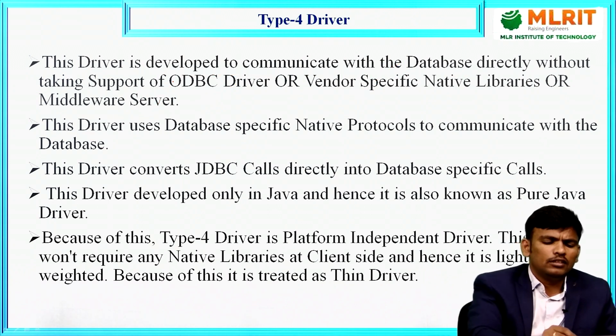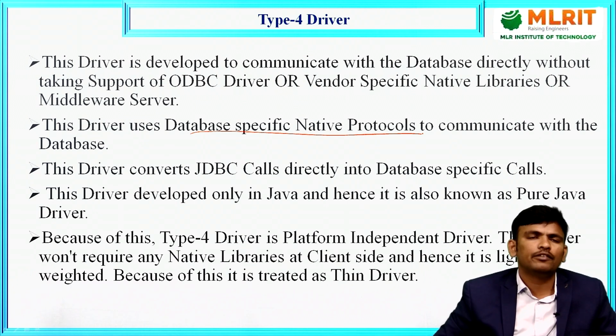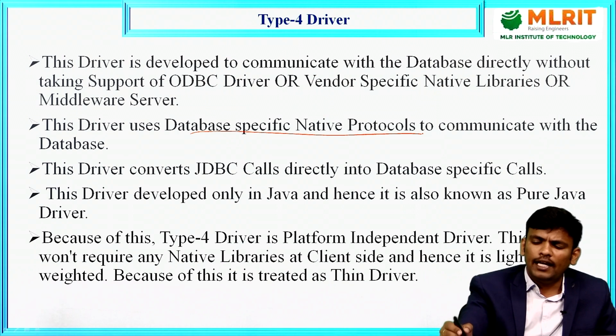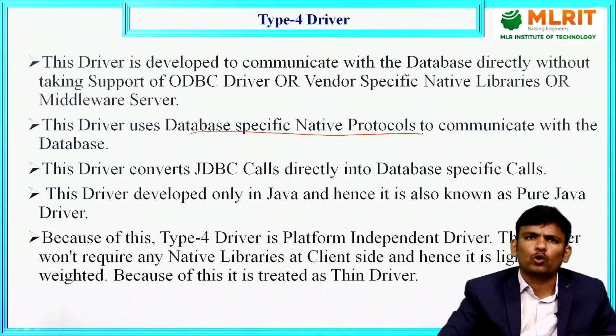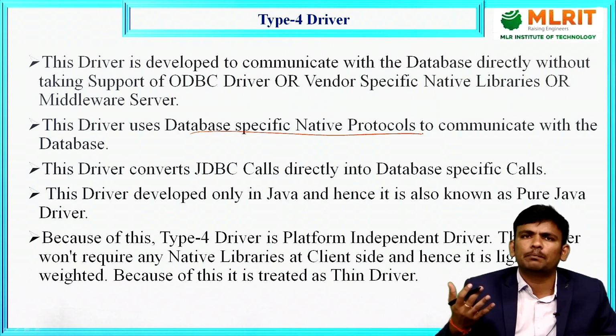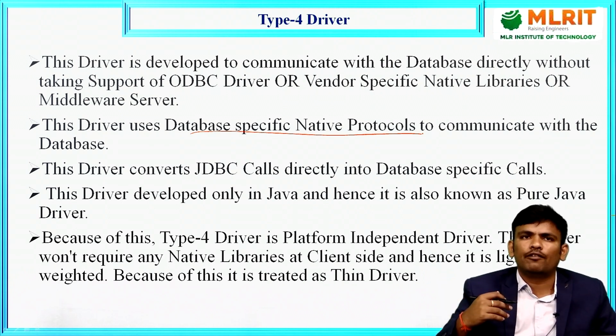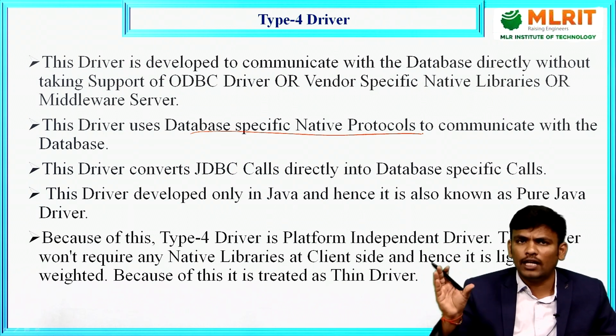Next, this driver uses database specific native protocols to communicate with the database. Internally it uses database specific native protocols, which means every database provides its own driver. Suppose you are using MySQL, it provides the Connector/J driver, which is specific to MySQL only.